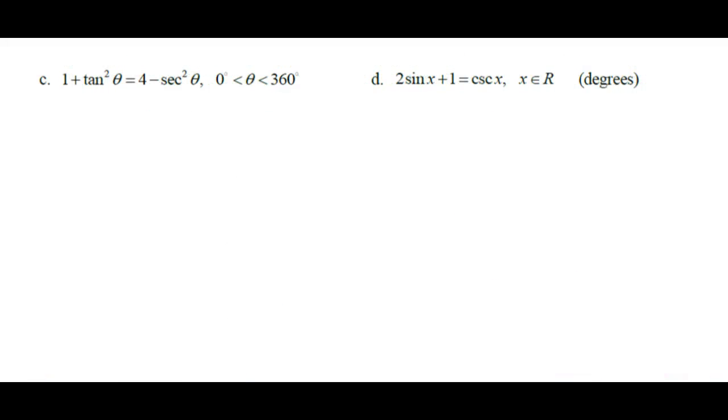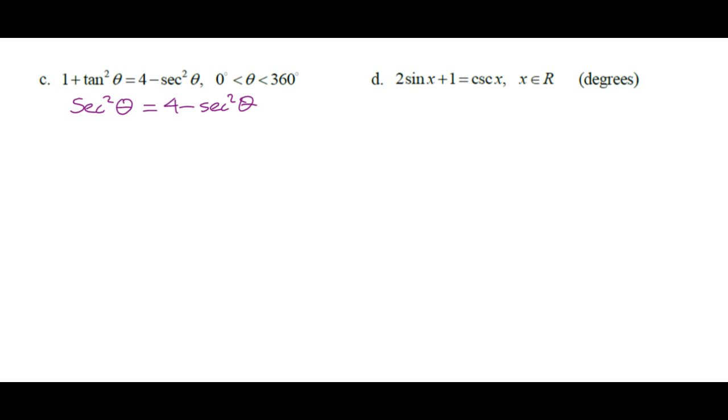1 plus tan squared, what's 1 plus tan squared? Secant squared. Well, that would be a good thing to do then, right? Because then we got a secant squared here. So secant squared theta is equal to 4 minus secant squared theta. We're going 0 to 360, not including 0 nor 360.